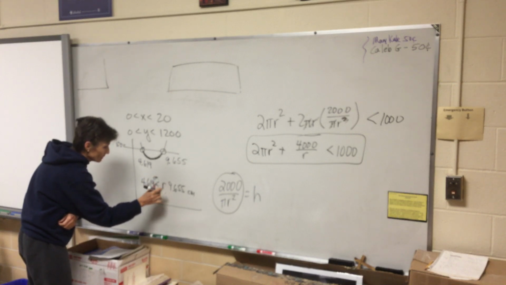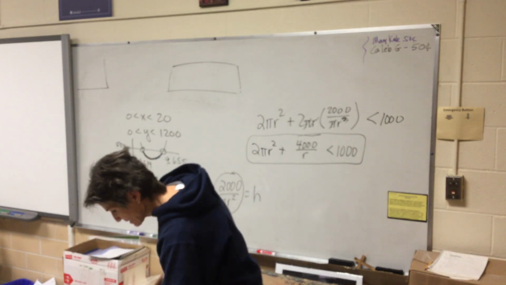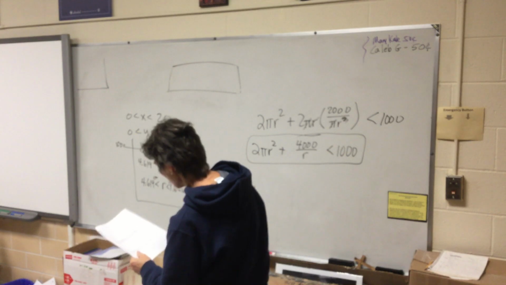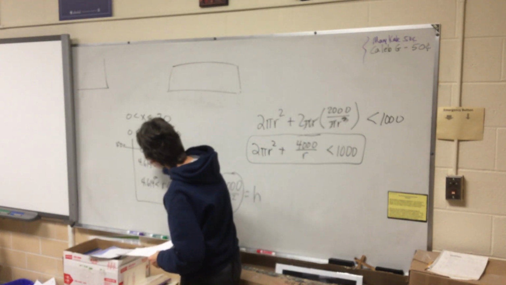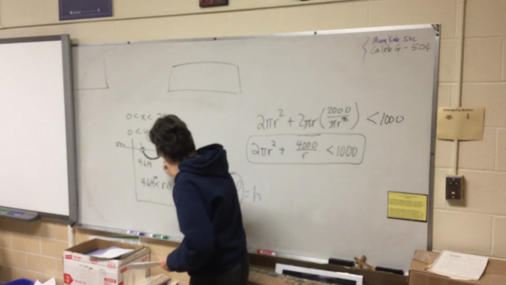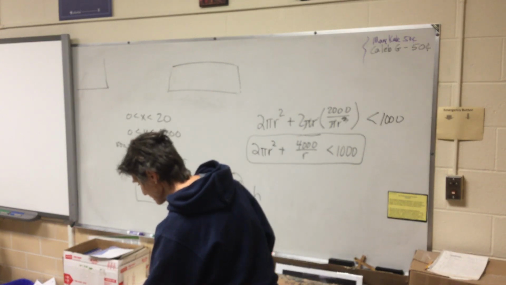Okay? But the question also asks about the height. It says find the radius and the height. So this would be my radius. These are my R values, because R was X. So these are my radius values. How will I find the corresponding heights?